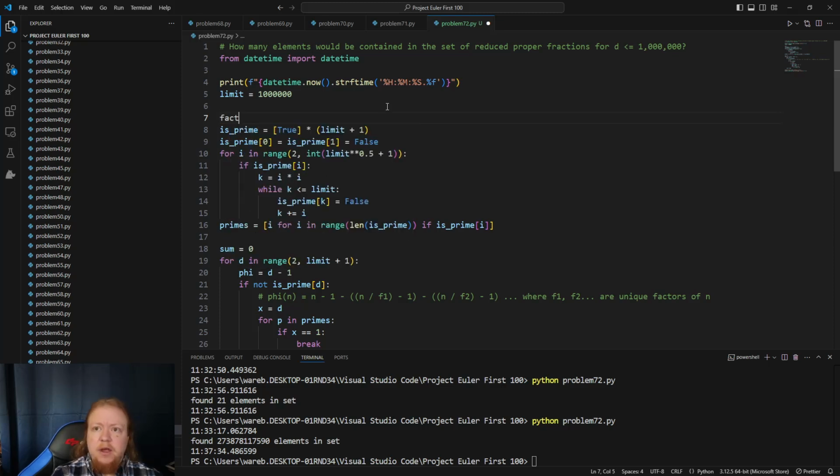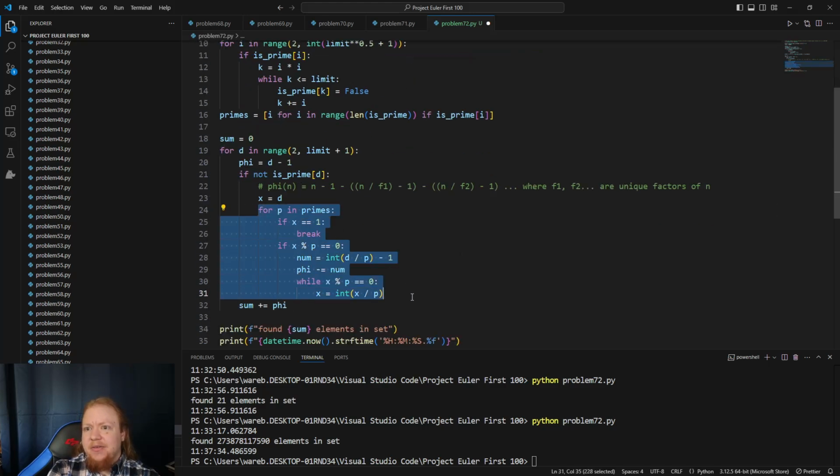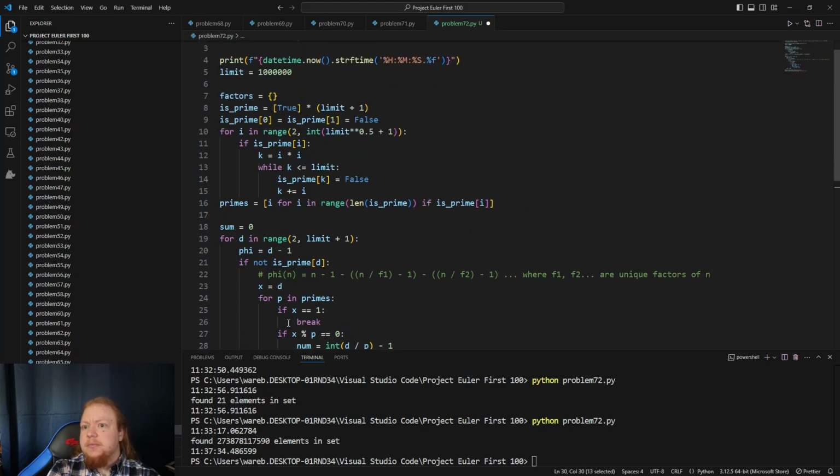I'm gonna make a factors dictionary. Is this going to be more efficient? I'm not sure. It'll delete this for loop and this while loop, incidentally. Well, it won't delete the for loop, it'll just make it different.